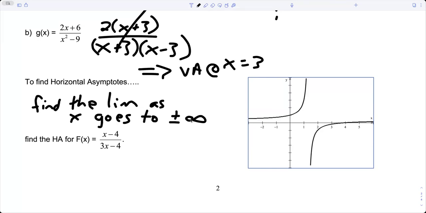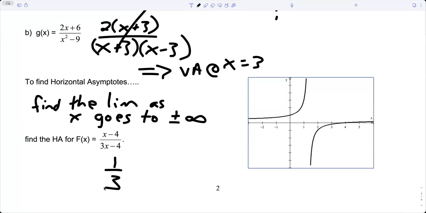So the limit as it goes to infinity, I'm going to look at the values. I've got a degree of 1 in the numerator, a degree of 1 in the denominator, so it's the ratio of the coefficients. And a lot of times students will write 1/3. It says find the horizontal asymptote, and the answer is 1/3, but that is not technically right.